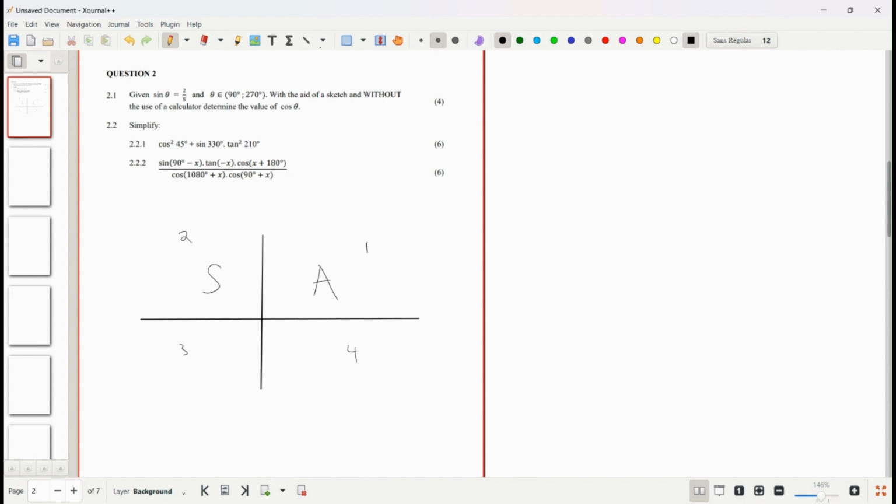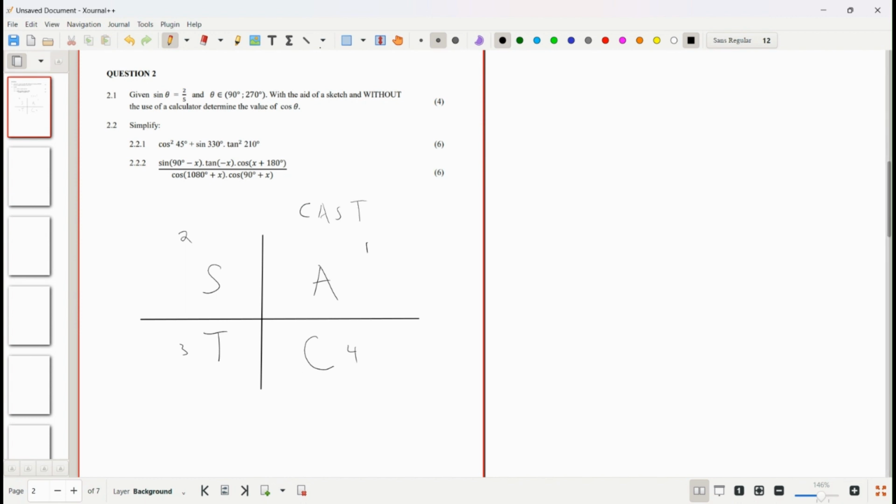Sine is the only one which is positive in the second quadrant. Only tan is positive in the third quadrant. And the fourth quadrant, cos is the only one that's positive. So CAST, if you can check, forms the word CAST. This is the word that you should remember.